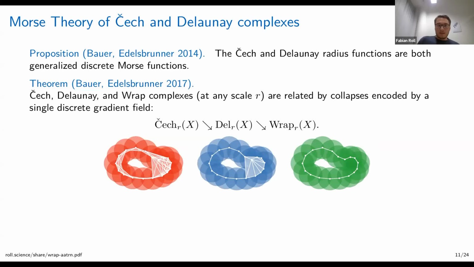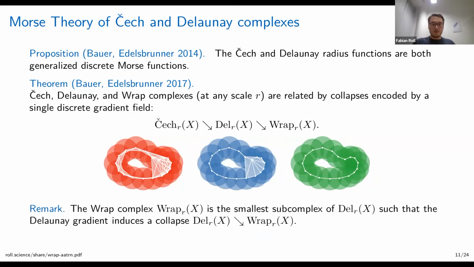And then Bauer and Edelsbrunner went on to establish that there exists a collapse from the Čech to the Delaunay complex, and then also from the Delaunay complex to the RAP complex. And you can also verify that this theorem is true if you look at these pictures, which I stole from their paper. So why am I mentioning all of this? Well, in the end, I want to tell you what RAP is in this discrete Morse theory language. And here is a remark.